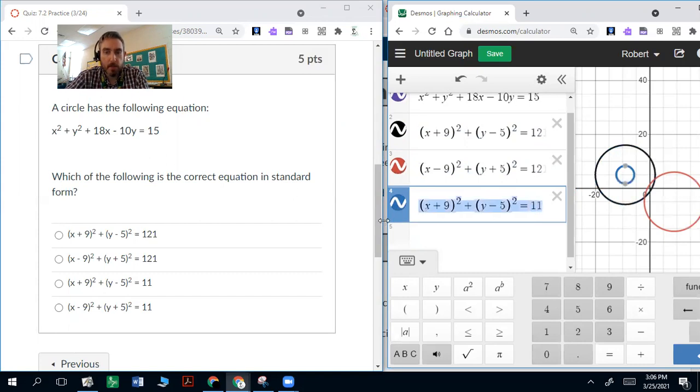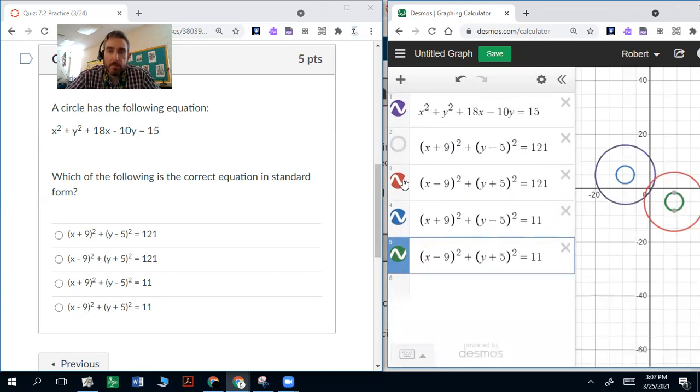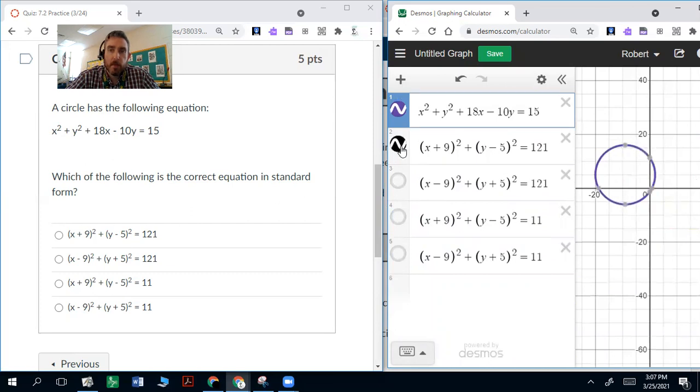And then do the same thing, but change the sign. So let me hide each one of these. Here's the original graph in regular form. That's the overlapping graph. Well, you're not seeing it overlap, but that is the overlapping graph. And then that one's off. So is that, and so is that. So it's going to be A.